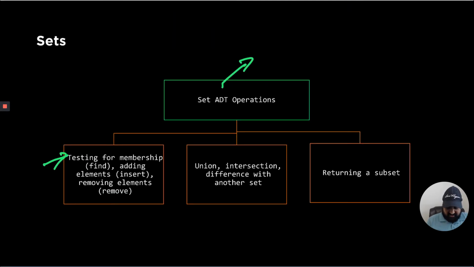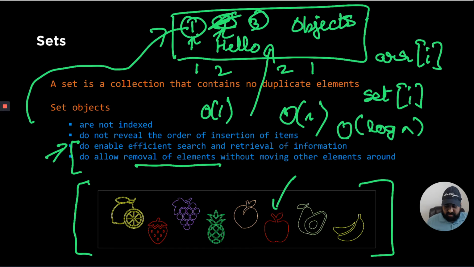In this case, the find method in C++, speaking specifically about C++, will return an iterator to whatever we are trying to find, and will return null if that element is not there in the set. So if I try to find apple, I'll get an iterator back to apple.